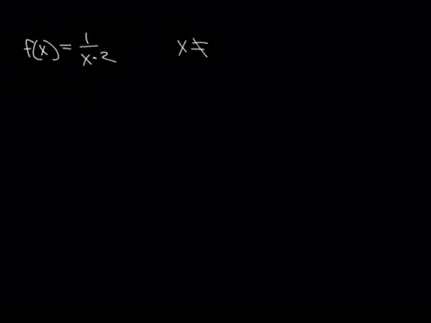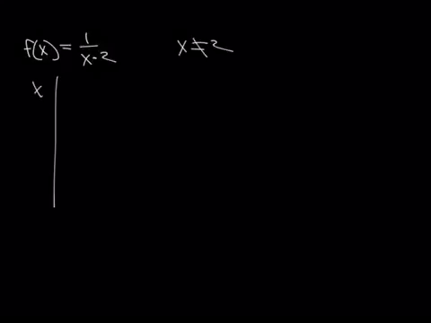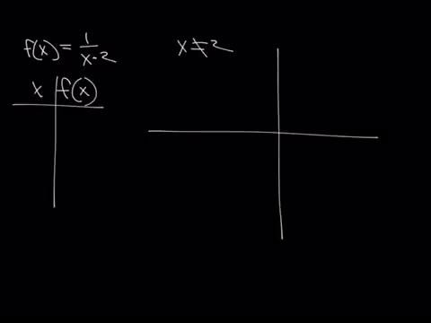F of x equals 1 over x minus 2. What can x not be? X cannot be 2 when we graph this. So I do my thing here, and I start putting numbers in, and I end up with a graph that looks like this.